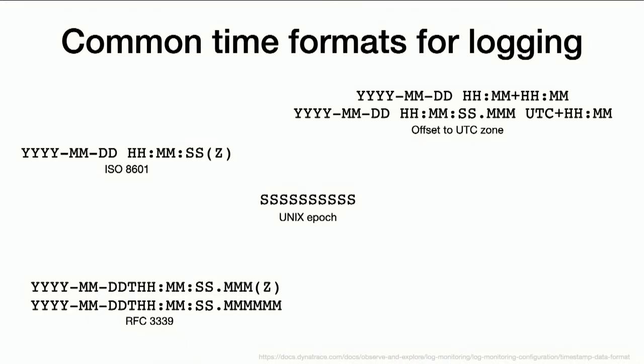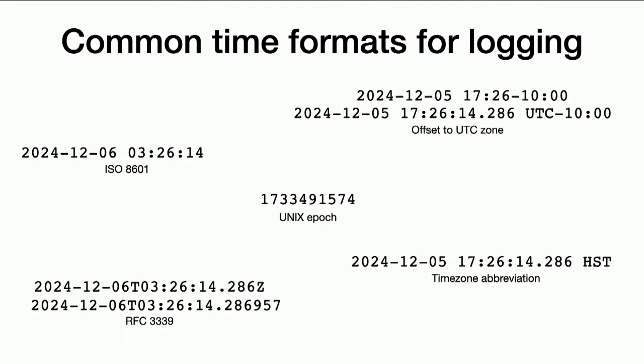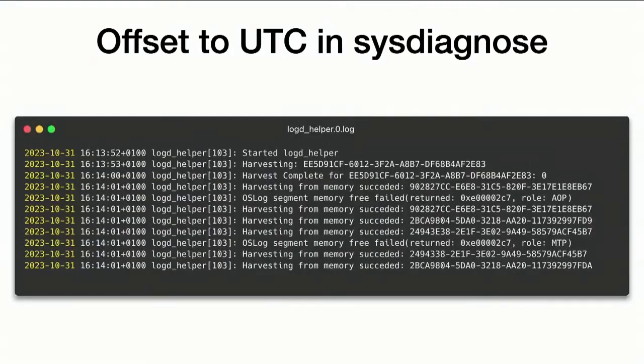We see a T here, and also a more precise one with milliseconds. And we also see some time abbreviations, like the date, the time, and then the time zone. And if we translate it to, for example, a time, then it looks somewhat like this.